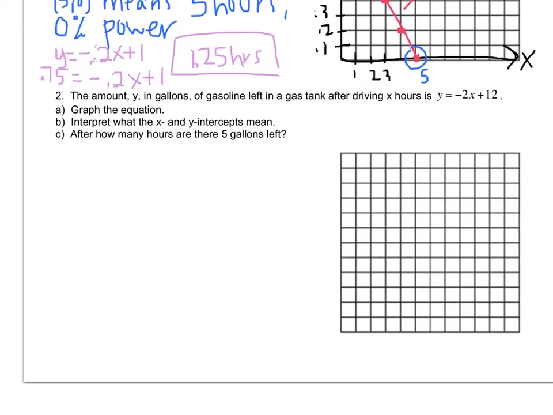If you want to try number 2 on your own, give it a shot. If not, follow along. The amount y in gallons of gasoline left in a gas tank after driving x hours is that formula. Same idea, let's graph it. Now I can't have negative gallons and I can't have negative hours, so again, I'm going to stay in that first quadrant.